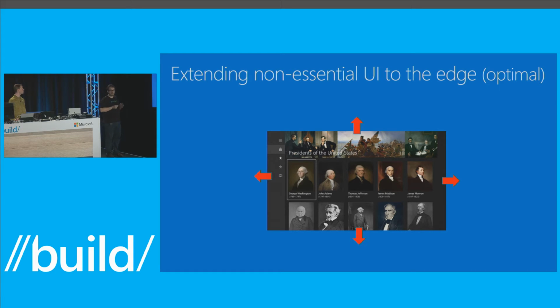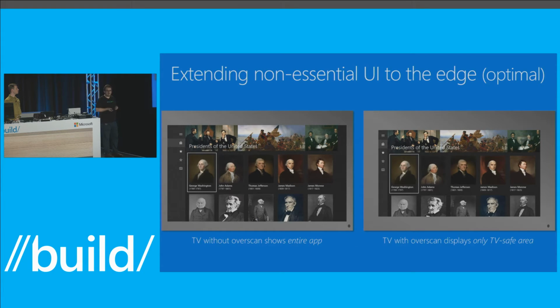Extending it edge to edge, what you're doing is things like the background of the nav pane, things like the list view, you're drawing those to the edge, because it's OK. They're decorative. They don't affect the functionality of the app to do so. And so in that case, on a television that doesn't overscan, it looks much better. And a television that does overscan, it's cropped anyway, so it doesn't really matter what you did.